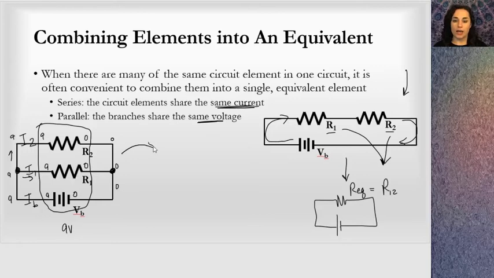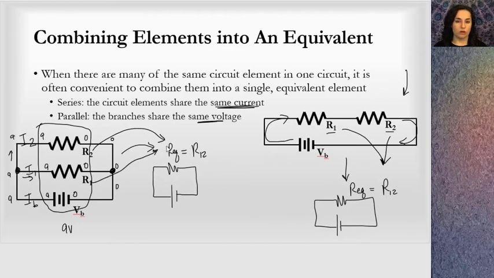And when I simplify this circuit, this is what it would look like. I would have a long plate and a short plate for the battery, and I would put a resistor in here, and I would call it R equivalent, and I could call it just R12 because I took R1 and R2 and added them together for R equivalent.